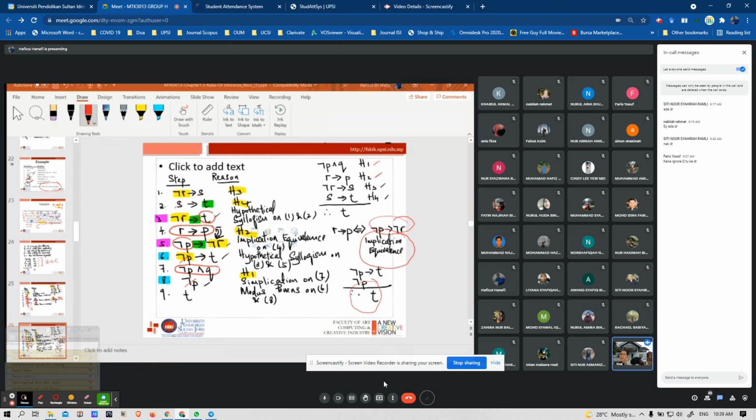And then we go by the simplification. Simplification: we see P and Q gives P. Here, simplification on negate P and Q, we have negate P. We simplified the rule to derive the P. And then we have modus ponens on 6 and 8.